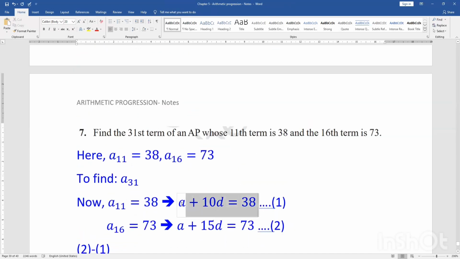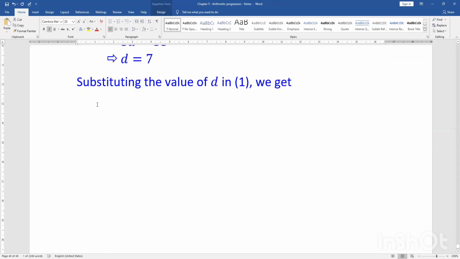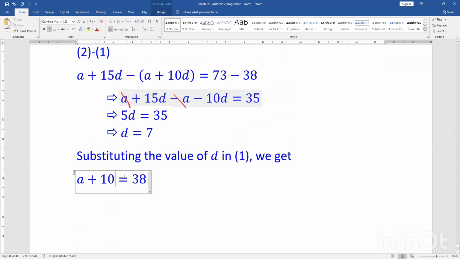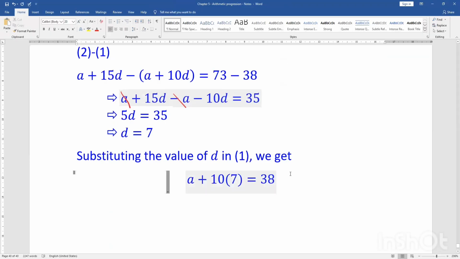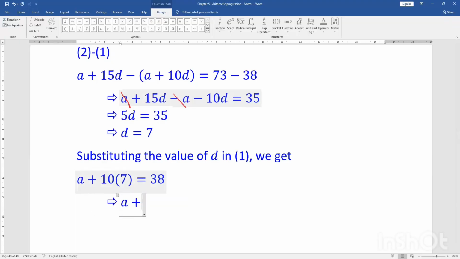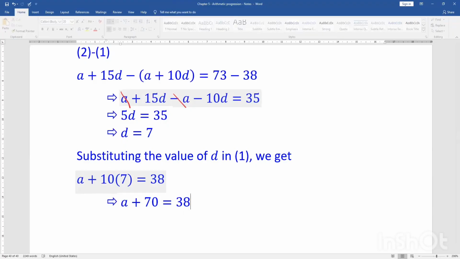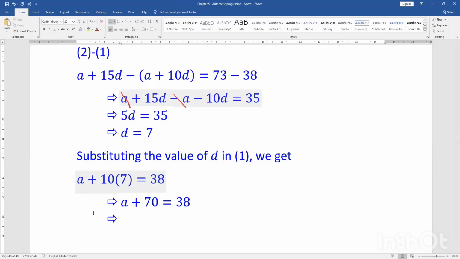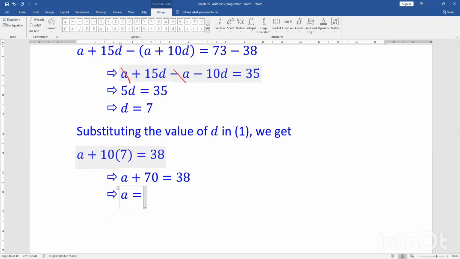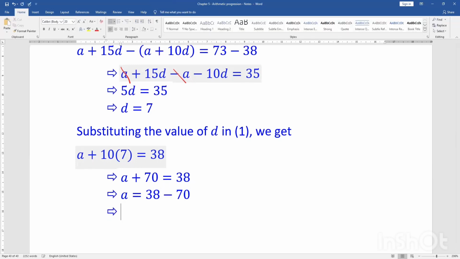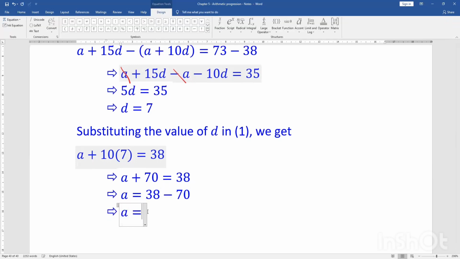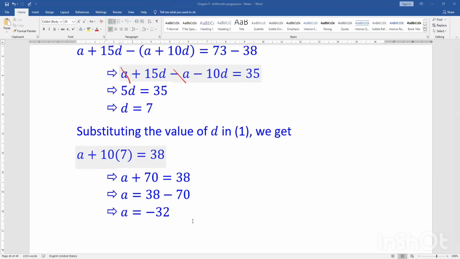A plus 10D equals 38. I substitute D value as 7, and you get A plus 70 equals 38. So A equals 38 minus 70, which is minus 32. Correct, children?